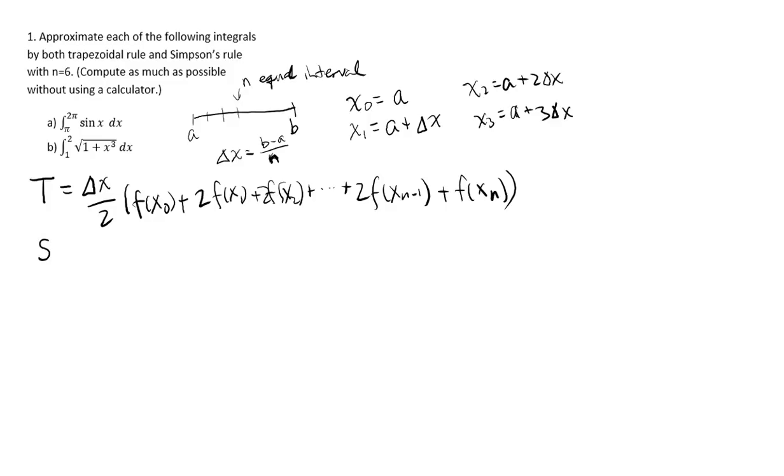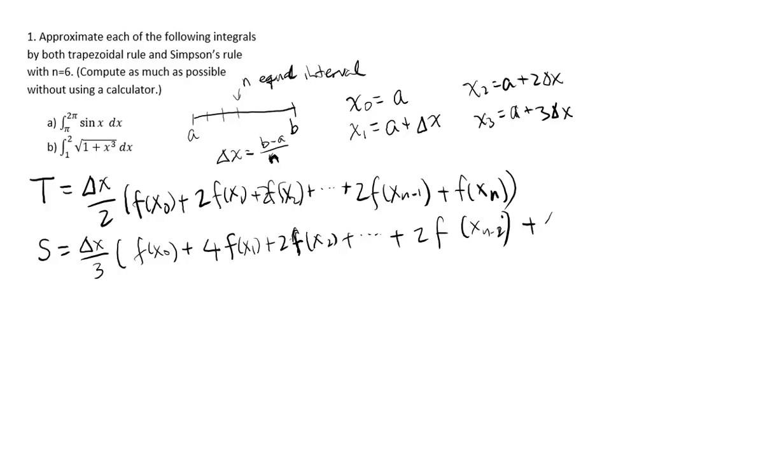For Simpson's rule, you have a similar looking formula, but the difference is that instead of having 2, 2, 2, 2 all the way, it should be 4, 2, 4, 2. The 4, 2, 4, 2 should be repeated until you get to the last one.